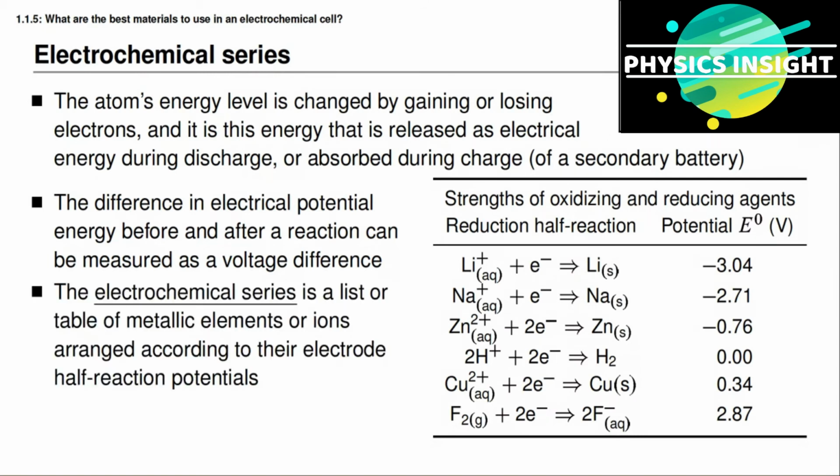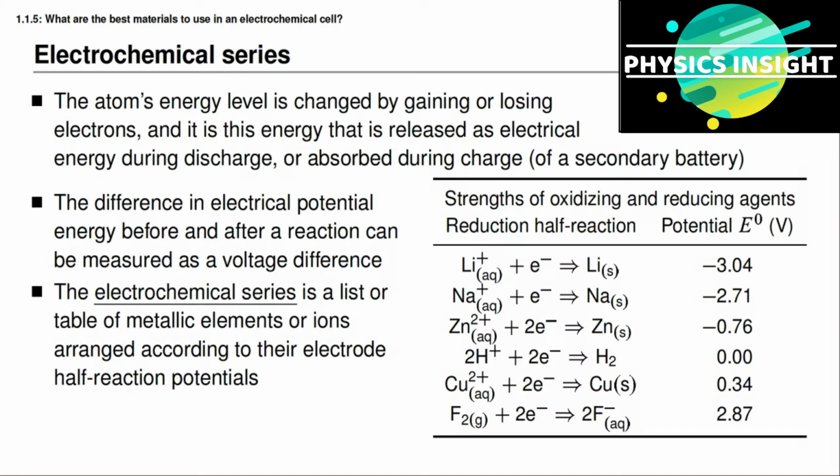And electrochemists over the years have very carefully studied the difference in electrical potential energy before and after reactions for thousands and thousands of different reactions under highly regulated conditions. And these results have been recorded in tables that are called electrochemical series. And these are arranged according to the electrode half reaction standard potentials, denoted E with a superscript 0.